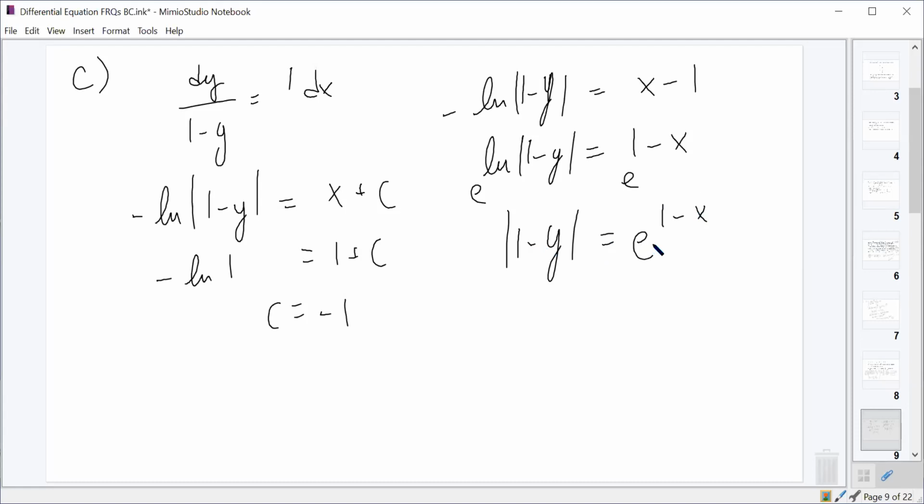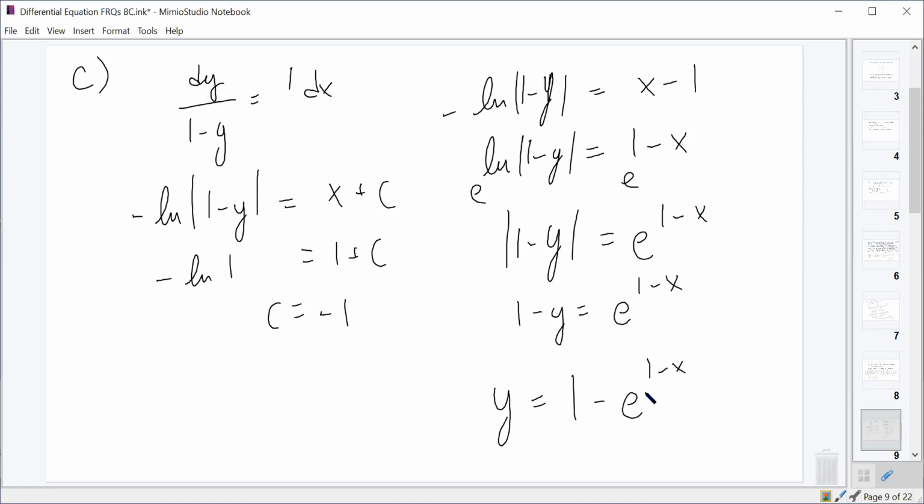So 1 for x makes the right-hand side 1, and 0 for y makes the left-hand side 1, so that works out. I don't need to put the negative in front when I clear off the absolute value. And then we just end up with y equals 1 minus e to the 1 minus x.